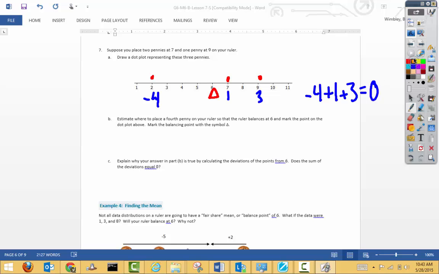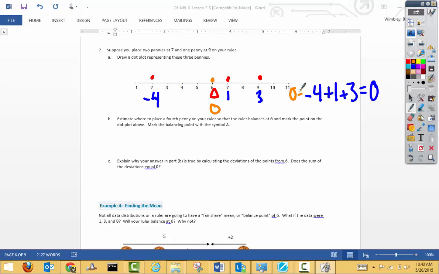Well, let's start by looking at some issues. If I put it here, this would have a deviation of negative 2, which then, when I add it, wouldn't be 0 anymore. What if I add it here? Well, that's negative 1, so that means it will tip and fall over this way. Oops, and I erased part of that triangle. What if I add it here? Well, then it actually has a deviation of 0.